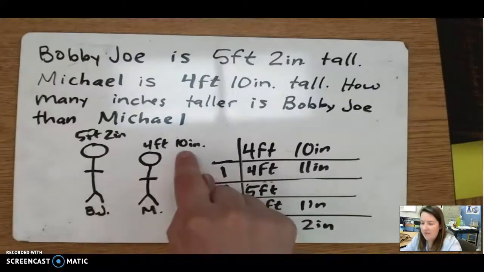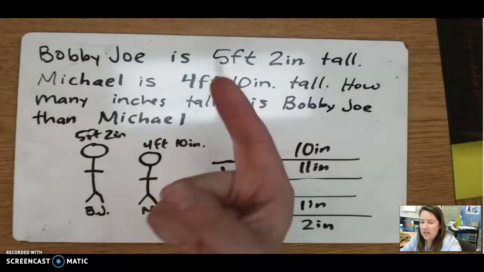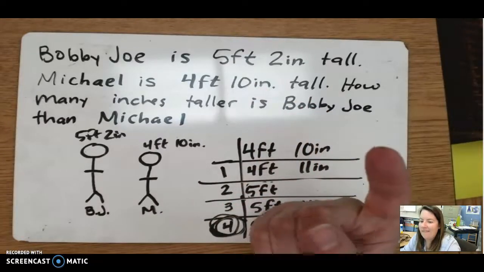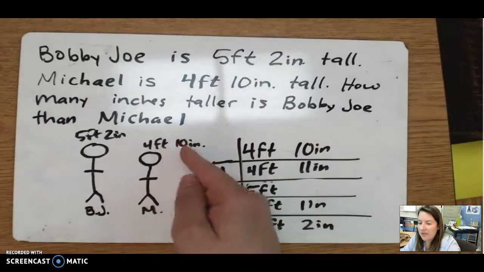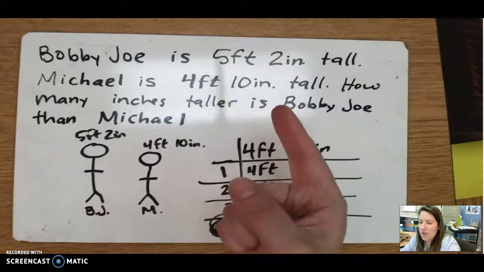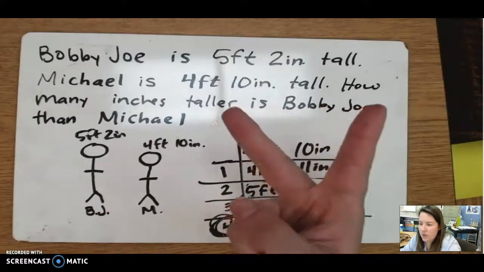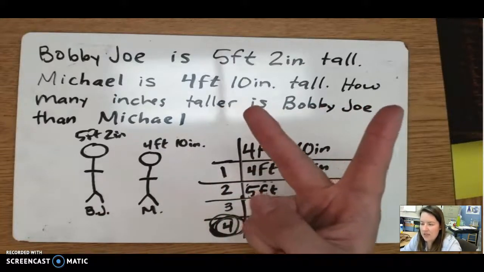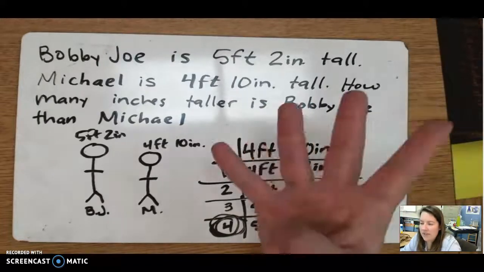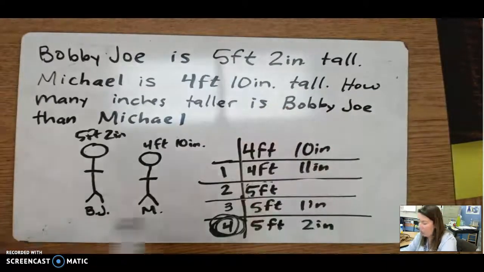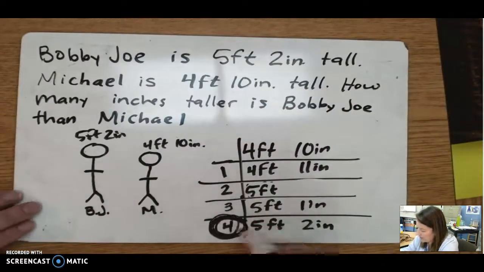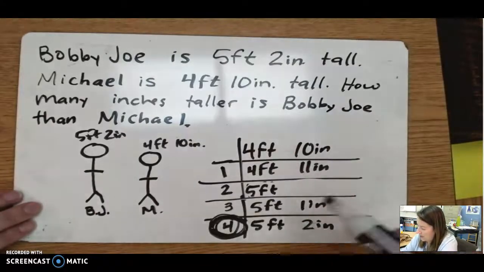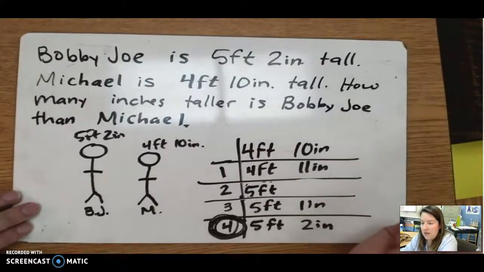Because he's 4'10" right now, if he grows an inch, he'd be 4'11". One more inch, then 4'12", which is the same as 5 foot. Then 5'1", 5'2". So he is 4 inches taller. Bobby Joe is 4 inches taller than Michael.